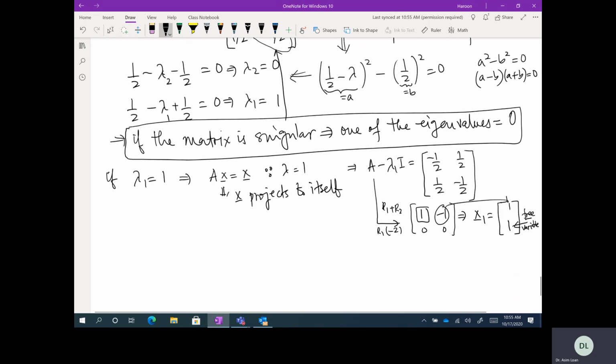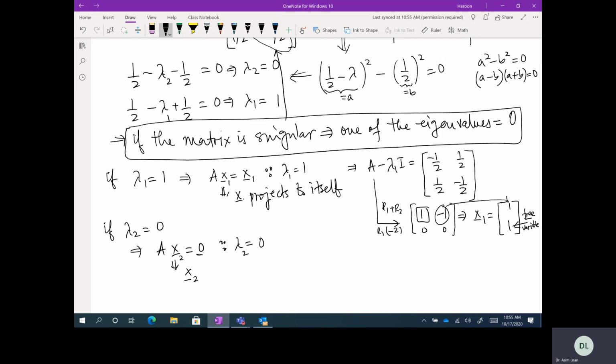Okay. And what about lambda 2? So if lambda 2 is equal to 0, this implies Ax equals 0 because lambda 2 is equal to 0, or this implies x projects to 0. So x, maybe this I call x1, x2.